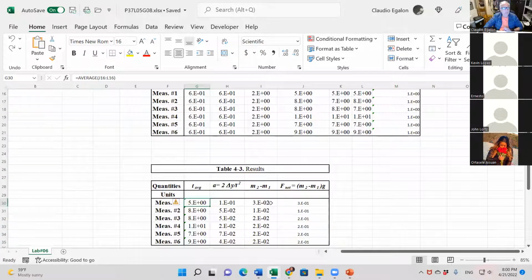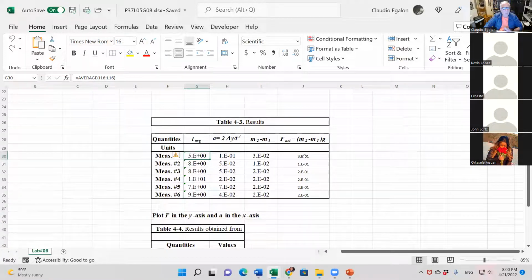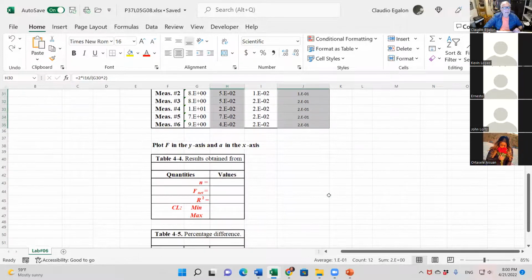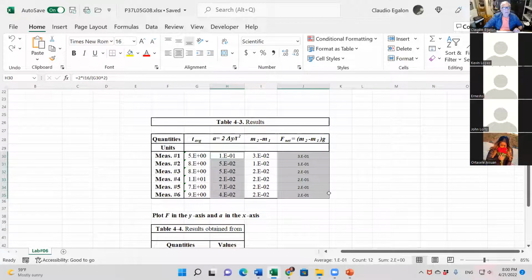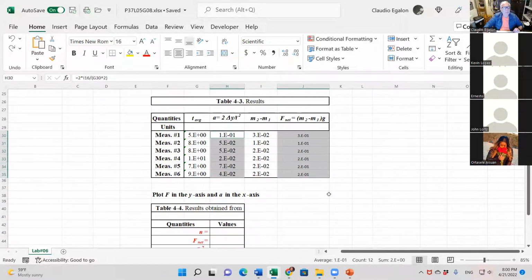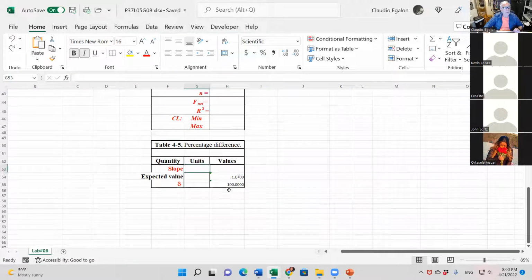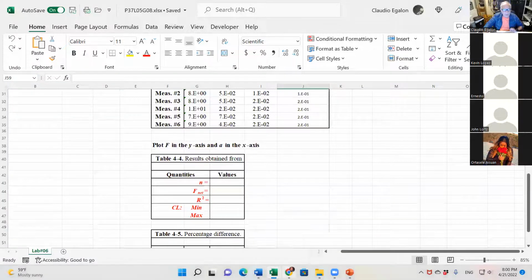Here's M2 minus M1, that's the net force. Plot net force against A and see if the slope coincides with M1 plus M2. That's why you log the slope. That should be the expected value. And then the percentage difference.